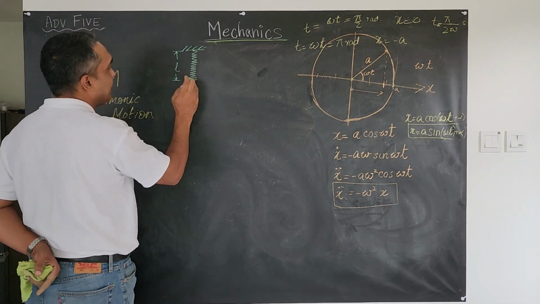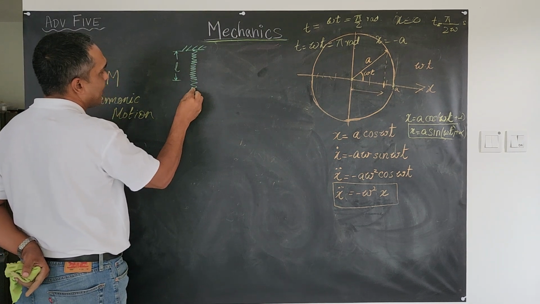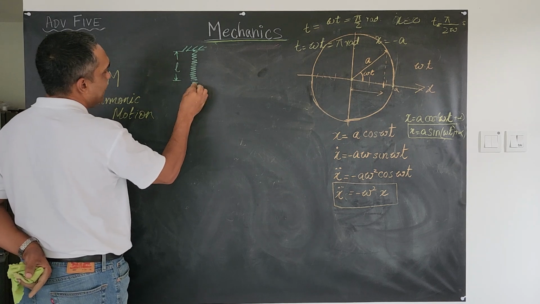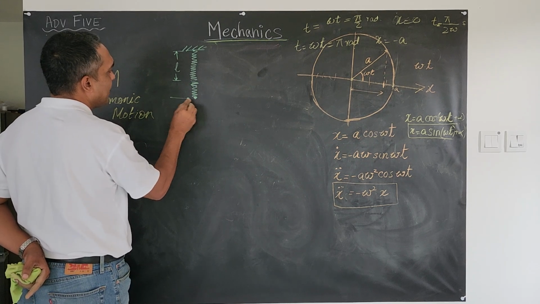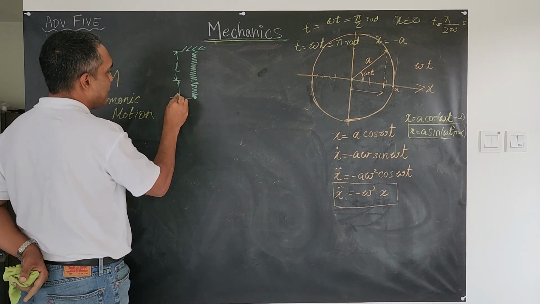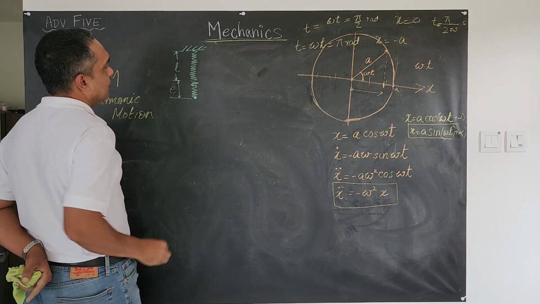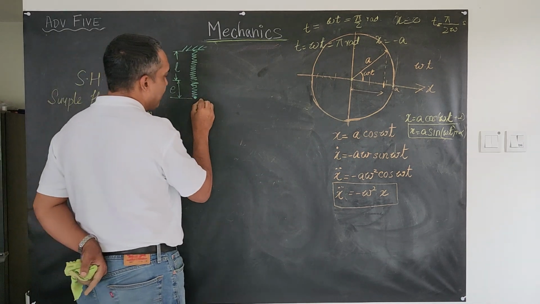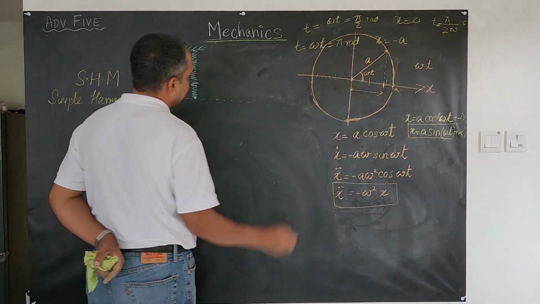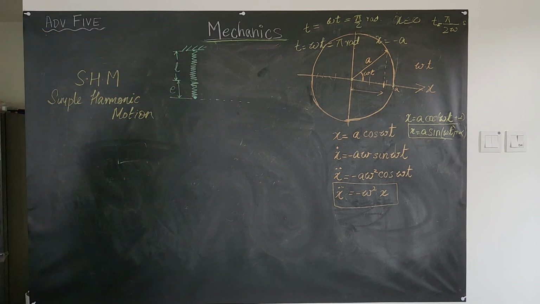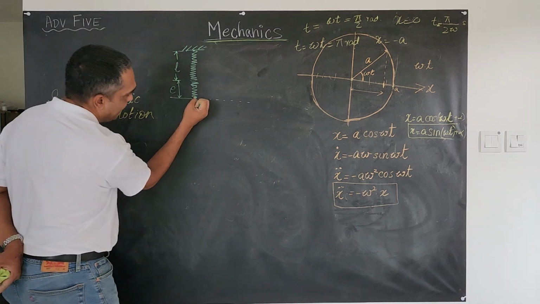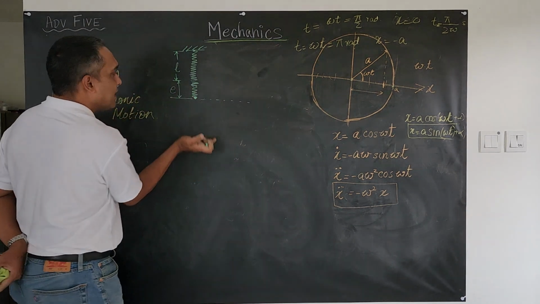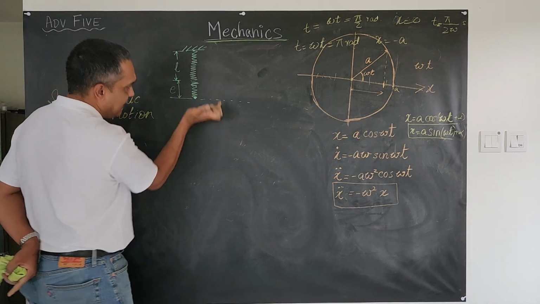There is naturally an inclination of this spring to expand and arrive at another point here, and I'm going to call this its extension, E. This is the equilibrium position. That's the equilibrium position, which then becomes the center of oscillation. So if I extend the spring and leave it, it's going to go back here, compress, and then come back here.